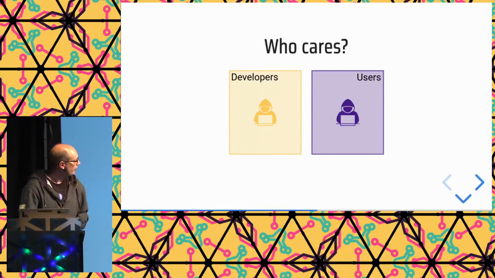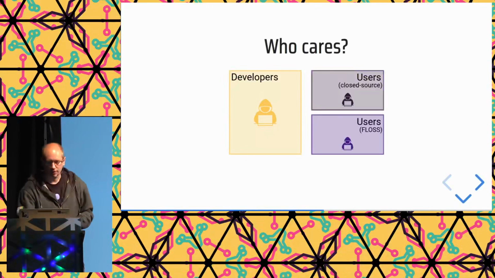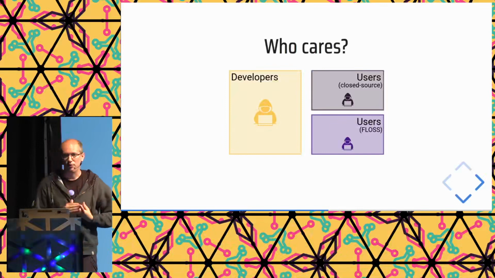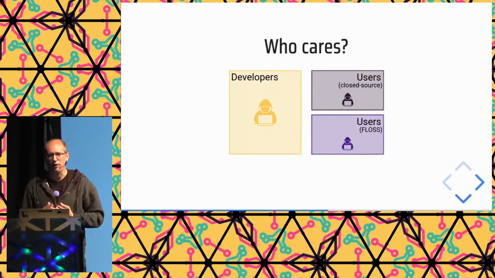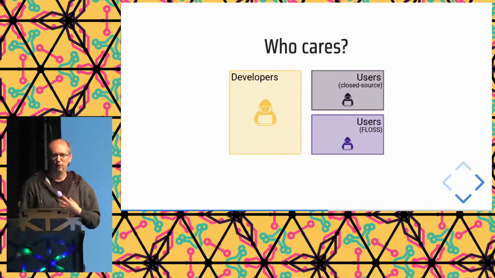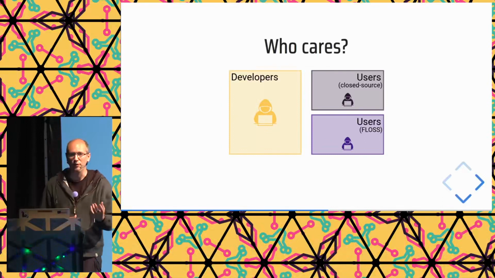But we can go a little bit further than that, actually. We can identify two types of users. There's users of closed software, and there's users of free and open source software. For users of closed software, there's really no way to verify for yourself that your vendor has used reproducible builds. Best you could do is ask them if they do it.